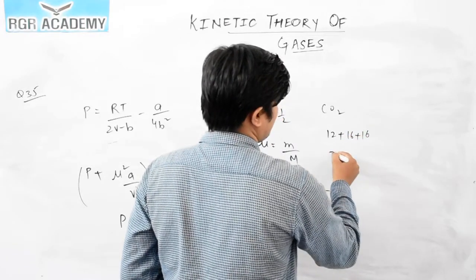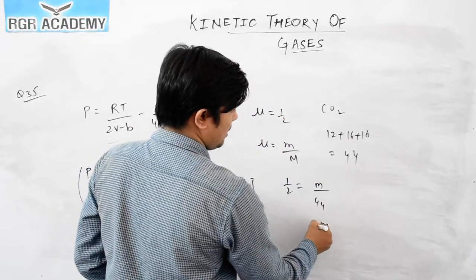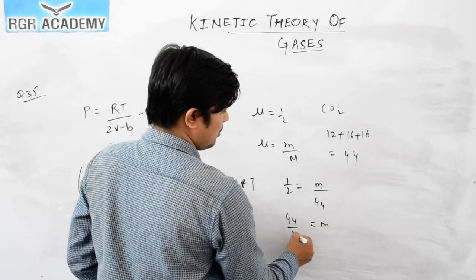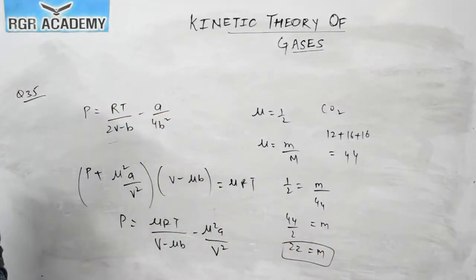So it will be how much? 44. So it will be 44. So m will be equal to 44 by 2, that is 22. So for this question, the answer will be 22.